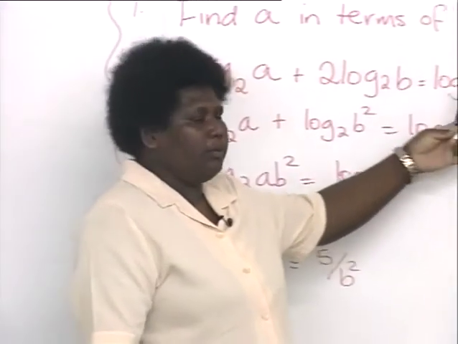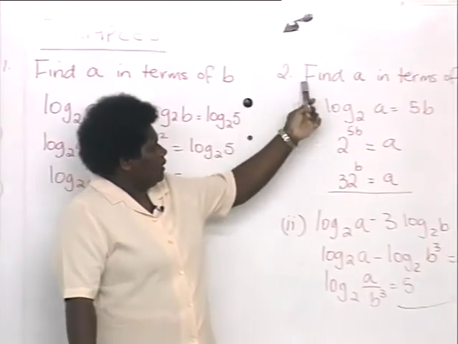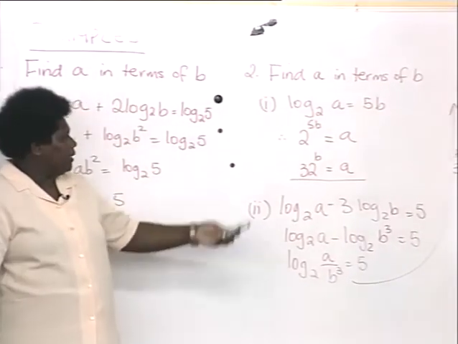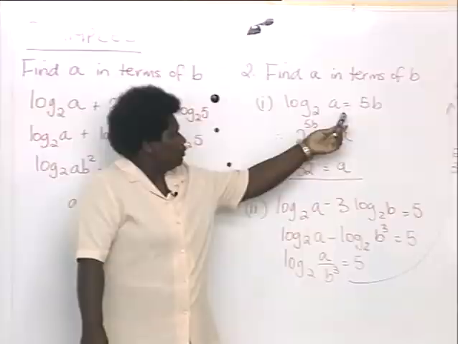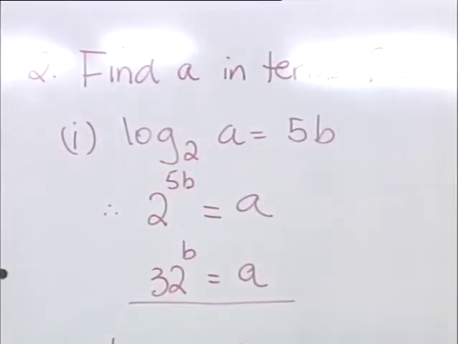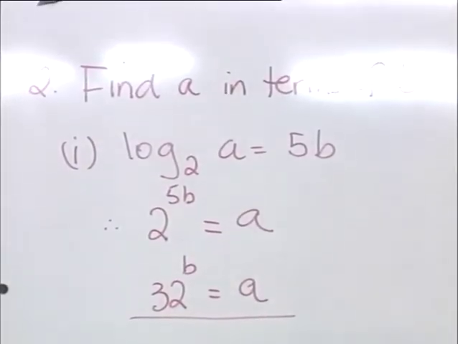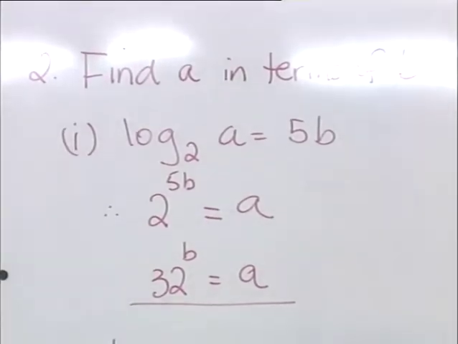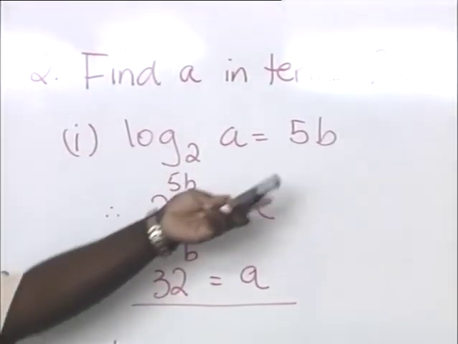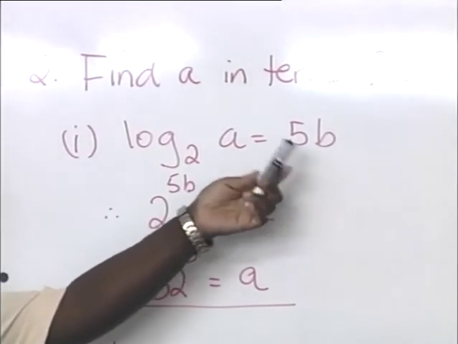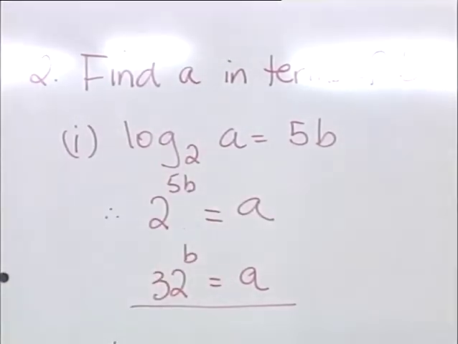Right, example number 2 is the same. Find a in terms of b. This time I have log of a base 2 equal to 5b. If that's equal to 5b, then it's very simple. I'm supposed to raise the base 2 to the power of 5b and it will give me a.